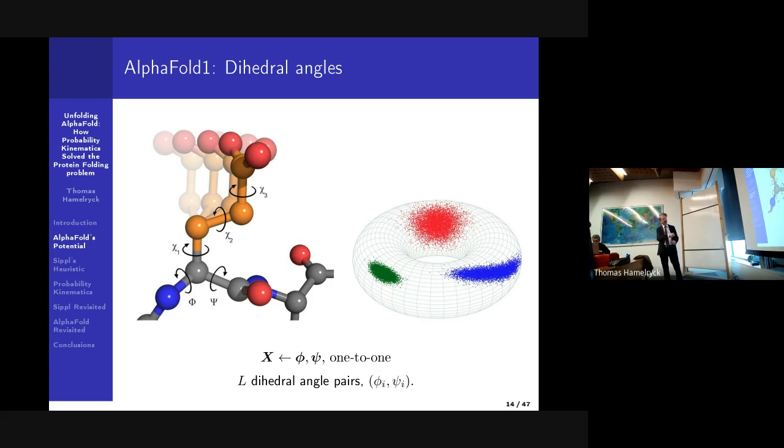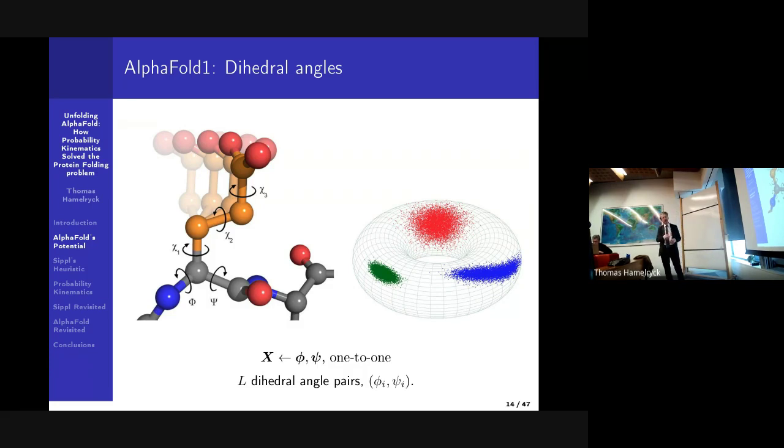Each amino acid corresponds to a pair of these angles. A dihedral angle goes from -pi to pi, so it's a circular variable. One of these angles can be represented as a probability distribution on a circle. Since we have two of these angles, each amino acid can be represented as a probability distribution on a two-dimensional torus. That's the surface of the donut.